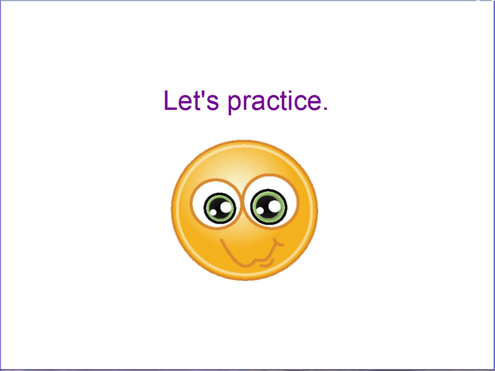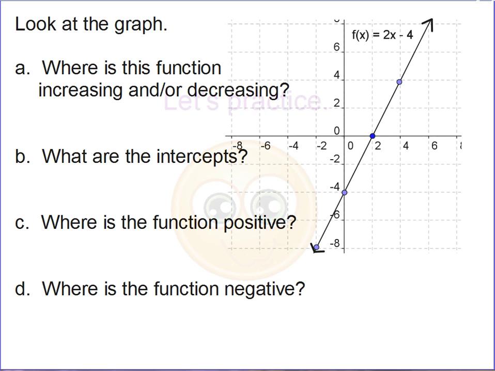Let's do just some quick practice to make sure you have this down. Here we have a graph. We want to look at where this function is increasing and or decreasing. Take a close look. Where is it increasing and where is it decreasing?